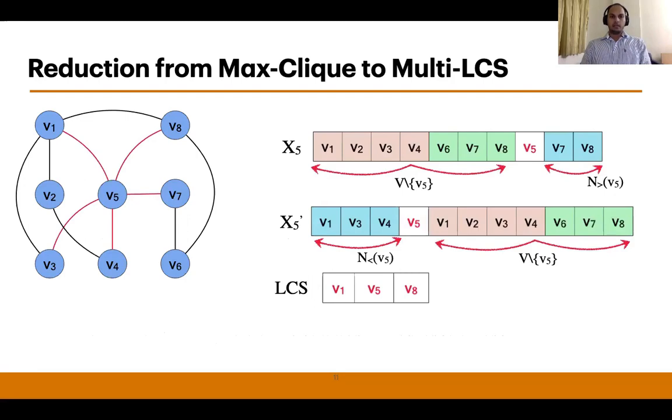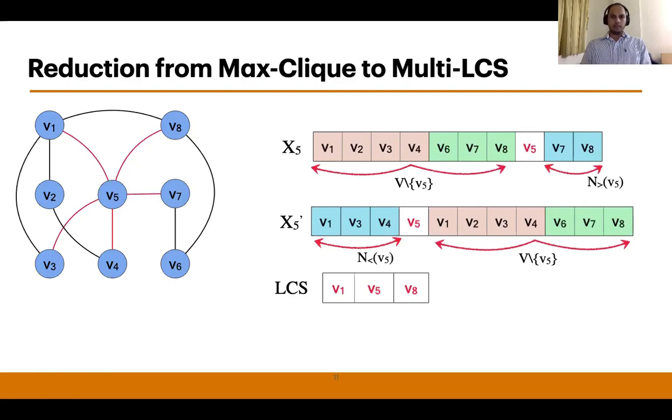V7 and V8 are the neighbors with index greater than V5. In x5, initially all the vertices other than V5 appear in the ordered manner. Then vertex V5 comes, and in the end, all the neighbors of V5 with index greater than V5 come.